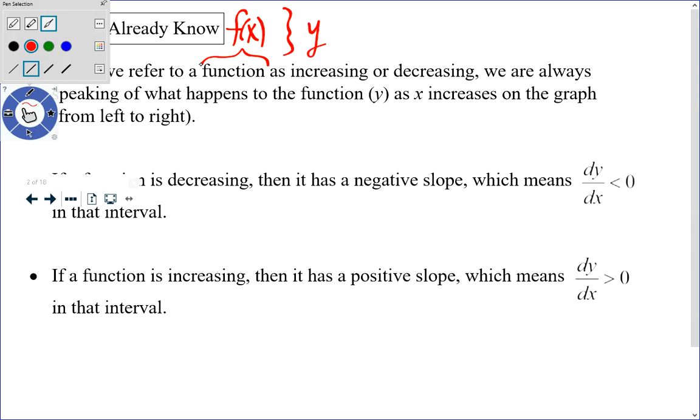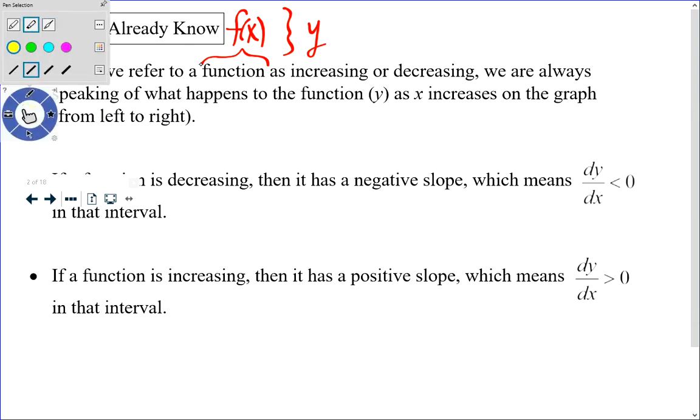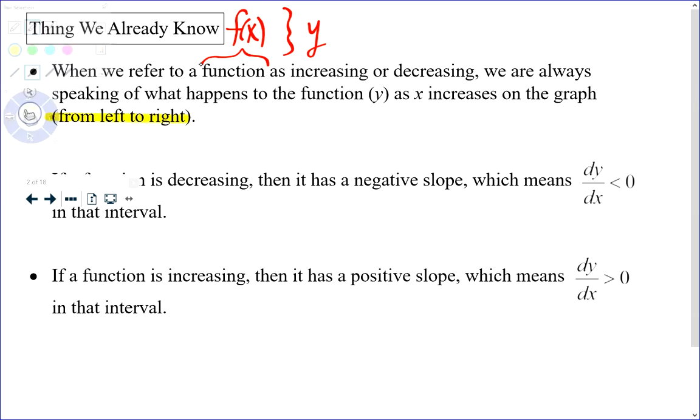So whenever we talk about a function increasing, we're referring to the y coordinate increasing. The more broad point, though, the important point, is that a function is increasing or decreasing if y increases or decreases as we go from left to right. That's kind of the way we always look at things, from left to right.